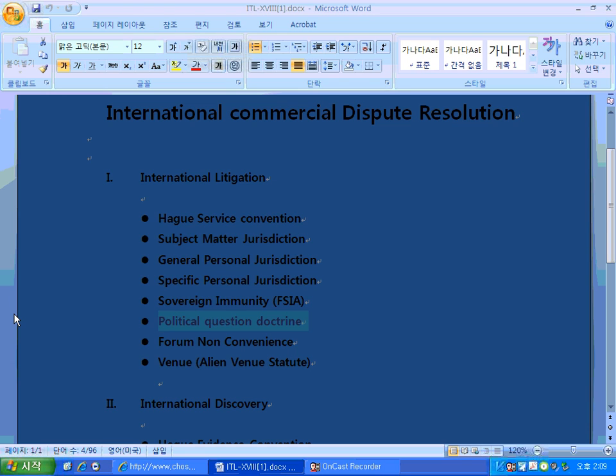It is also notable that United States courts have developed an extended scope of international questions and legal responses. For example, what is the political question doctrine, and what is the act of state doctrine?